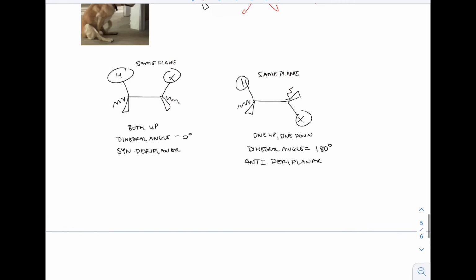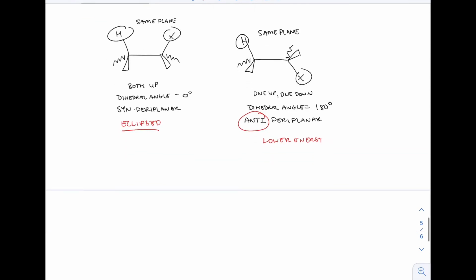So you can think of it as anti as in anti-conformation for a Newman projection, right? So this one up here on the left side is eclipsed, and then obviously the anti conformation is going to be lower in energy, and the eclipsed is going to be higher in energy. So that leans us towards preference of the lower energy conformation for this particular reaction.